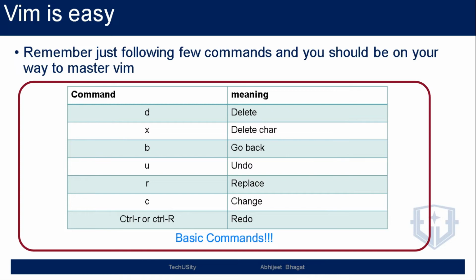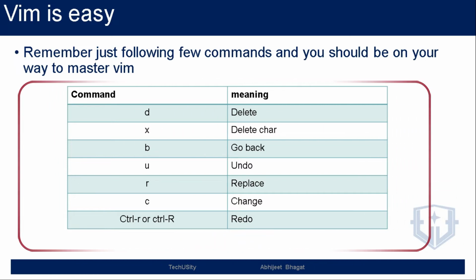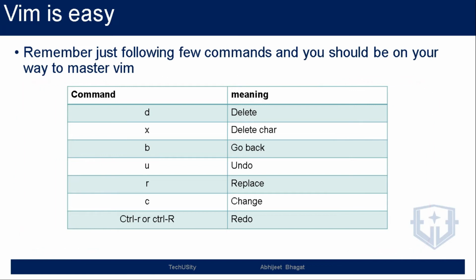If you want to go back, you can either press backspace or use the B key. If you want to undo any previously done operation, you can use U for undo, R for replace, C for change. As I said, it's very easy to remember: D for delete, X for delete char, B to go back, U for undo, R for replace, C for change. Now, if you want to redo some of your action, you can press Ctrl R.